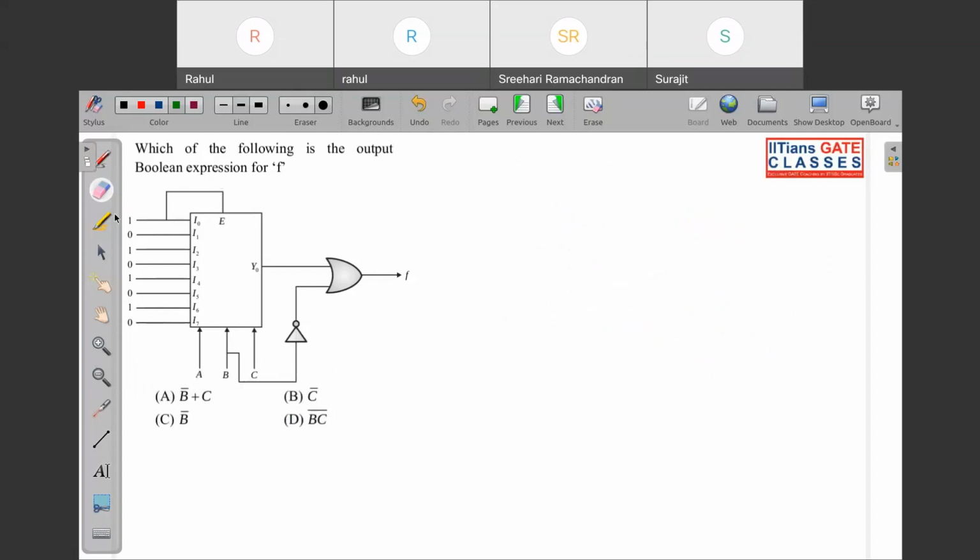So directly, here enable is high, so I need to calculate this F. First of all, F is equal to Y naught plus B complement. Now what is Y naught? If you want to calculate Y naught, that will be A complement, B complement, C complement; 1 is next, and the next will be 0, so I am not writing the terms of 0.